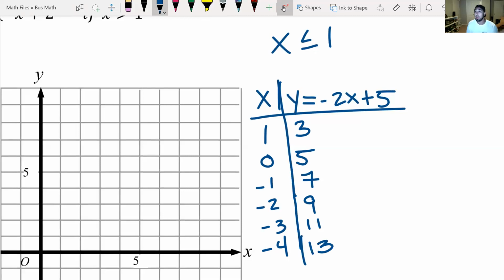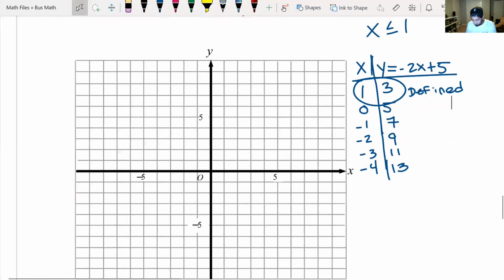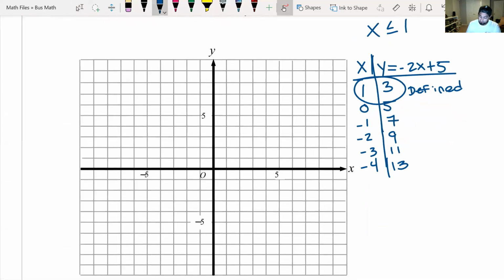Okay, and could we use 1? And that answer is yes. It said less than or equal to 1. So define. Okay, so 1, 3, right there, and then we'll plot the rest.